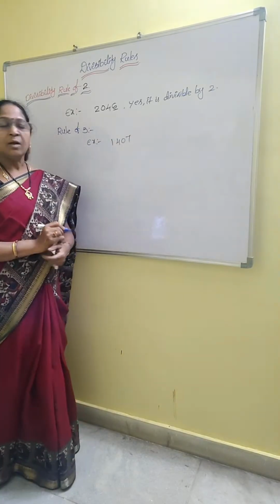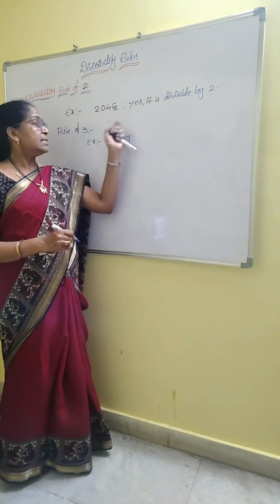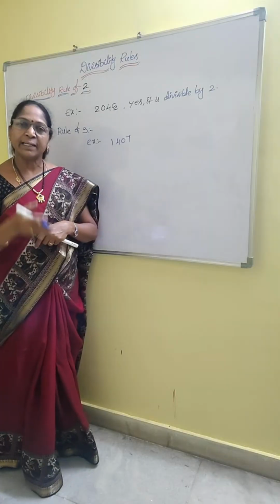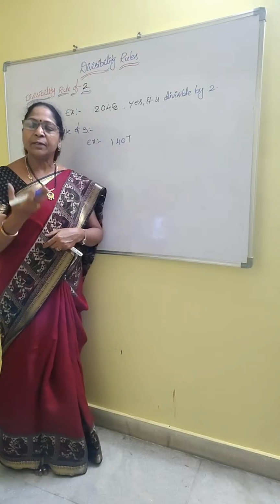For example, 1407 is a given number. Is this number divisible by 3 or not? That is the question.